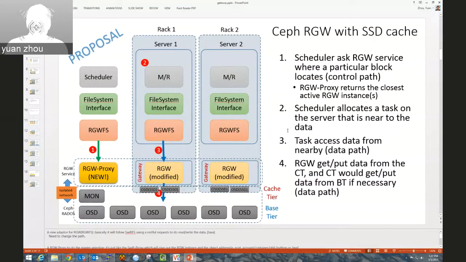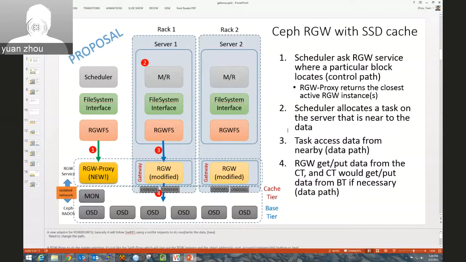Third step is the Hadoop job tries to read the data through RGWFS. Basically, it's just some Rados RESTful requests. The last step is Rados Gateway would try to read data from the Rados cluster.